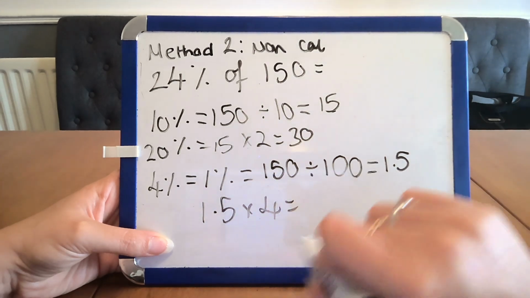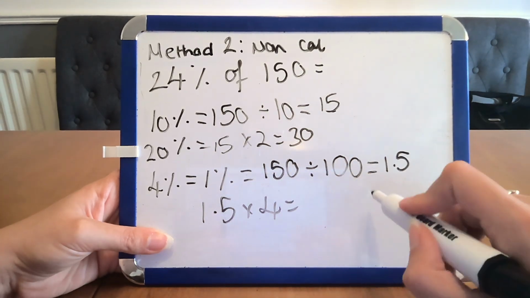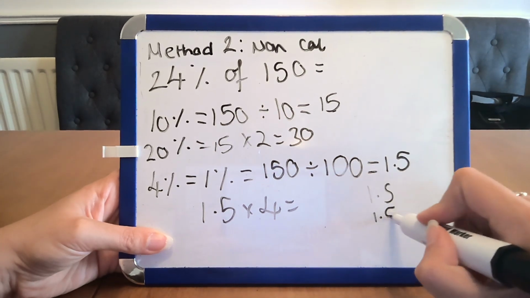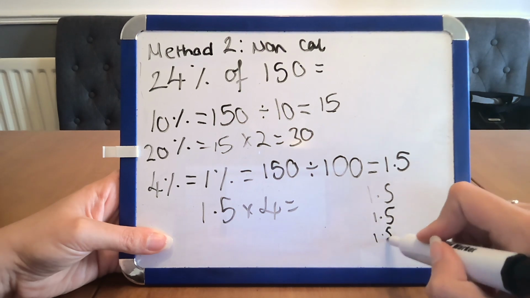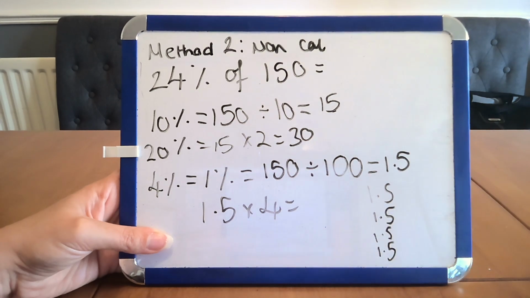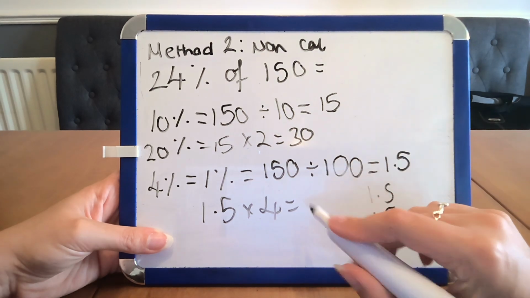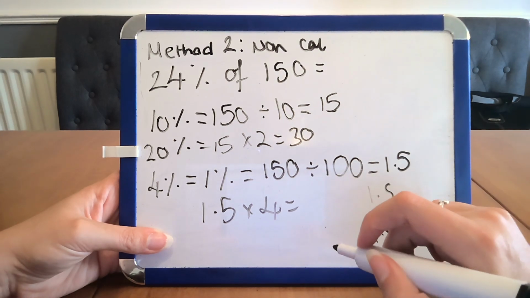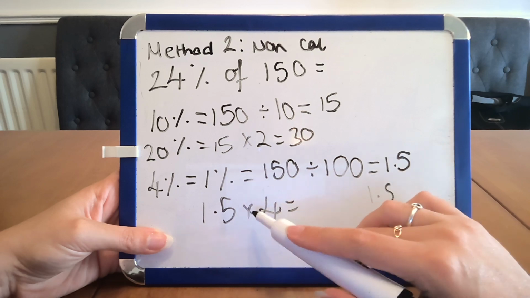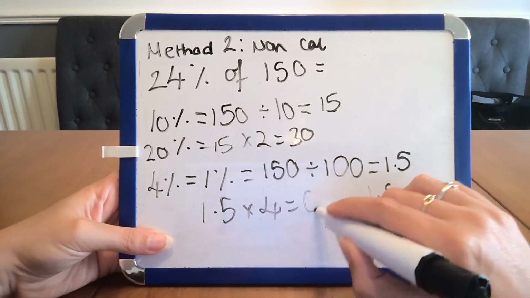Which is the same as if you wanted to do it in a kind of addition, 1.5 plus 1.5. I know some people prefer to do the multiplications that way. And when you're doing the maths paper, at no point is anybody testing your method of doing anything. There's no one right or wrong method, it's just how you get to that answer. So 1.5 times 4 is 6.